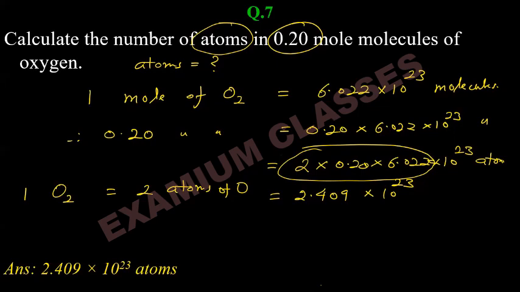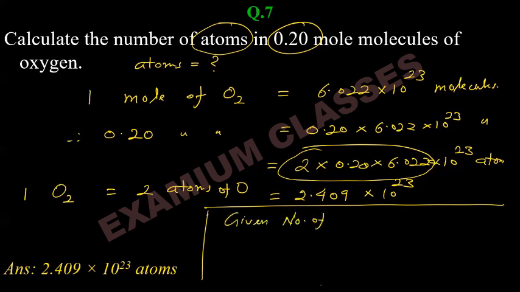So always write what is asked. In the beginning, before you start this question, what is important to write is this: you will write given number of moles of O2 equals 0.20. And then you will write number of atoms of oxygen.